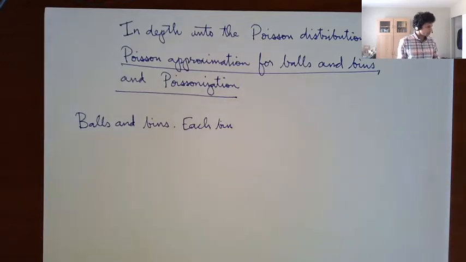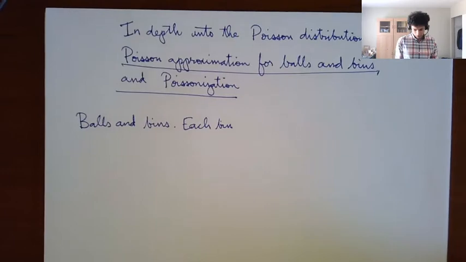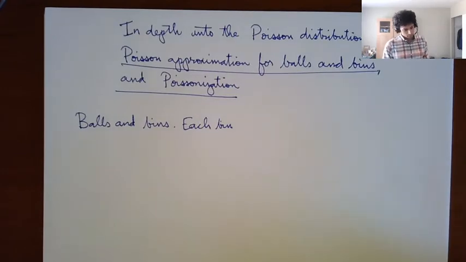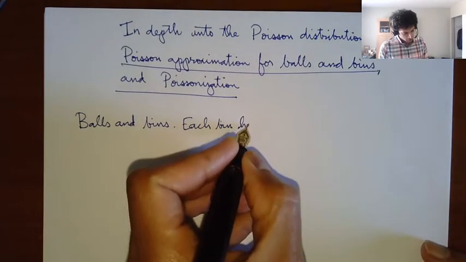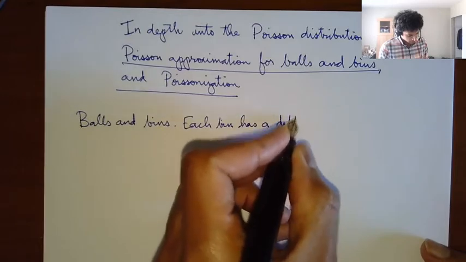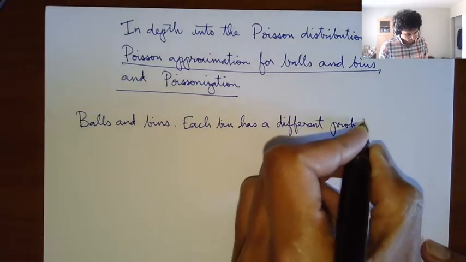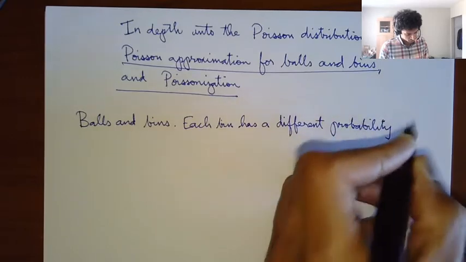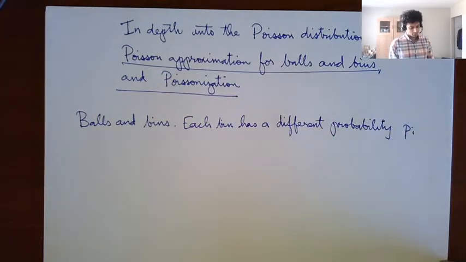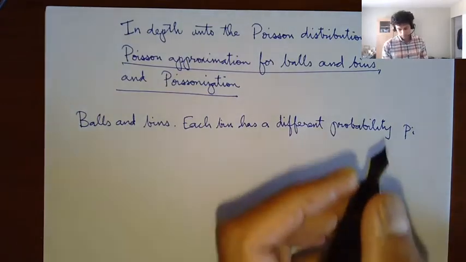Okay. So doing balls and bins. So each bin has a different probability pi. So I should say the ith bin has the probability pi.